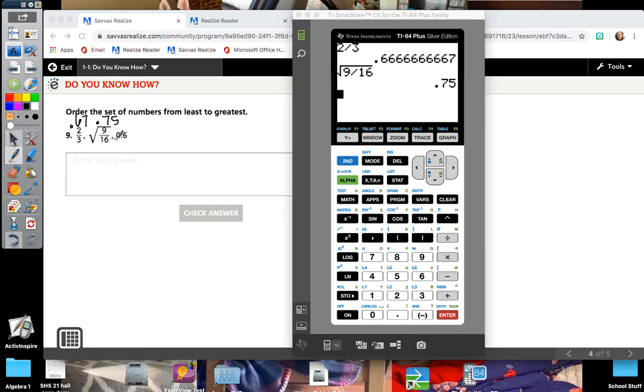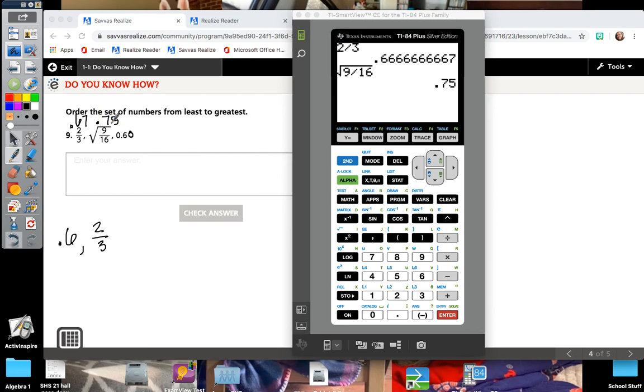And then 0.6 is already out here. To give it 2 decimal places to match the rest, I'm just going to add a 0 to the end. So what is the least? 67 cents, 75 cents, or 60 cents? Well, 60 cents is less than the rest. And then your 0.67, which is 2 over 3.